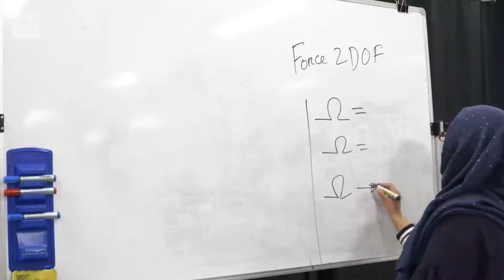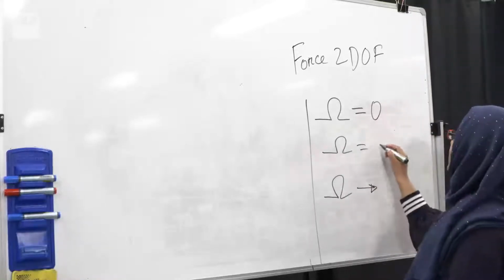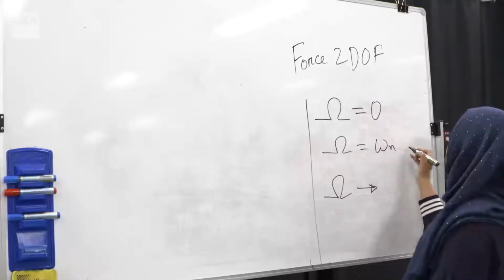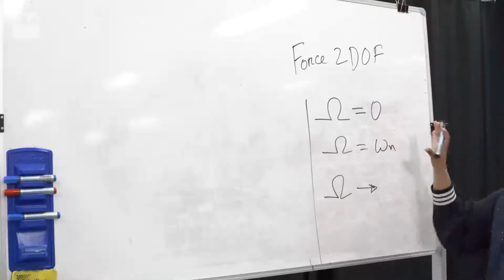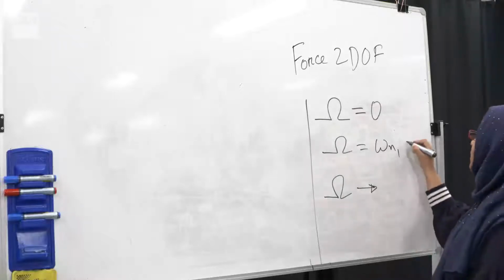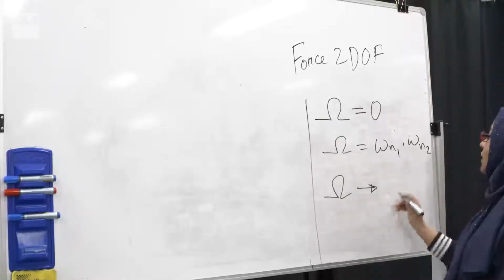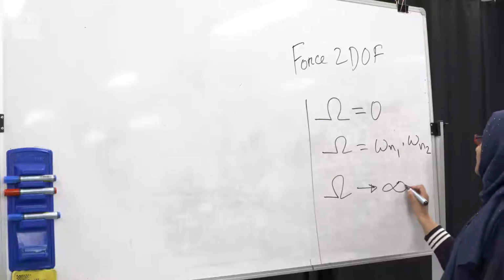First of all, we will consider maybe 0 and then omega n. Now, because this is a 2 degree of freedom system, there will be 2 natural frequencies. So, we will consider 2 natural frequencies, omega n1 and omega n2, and when it goes to infinity.